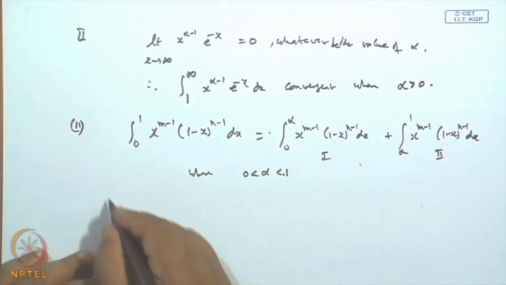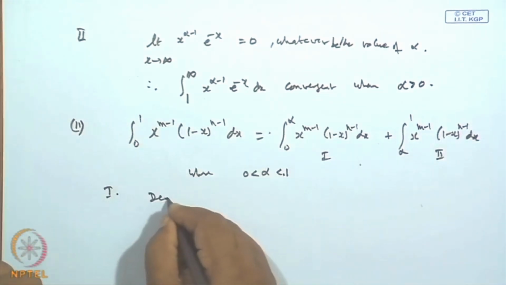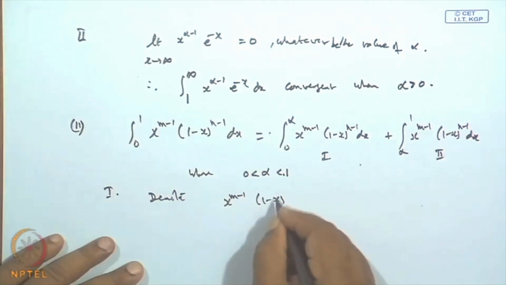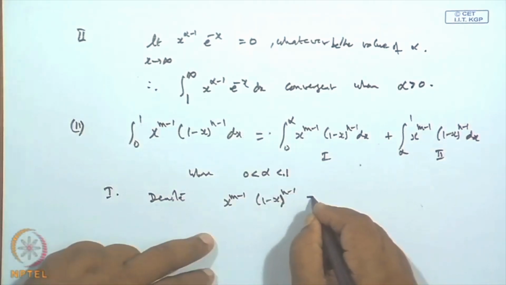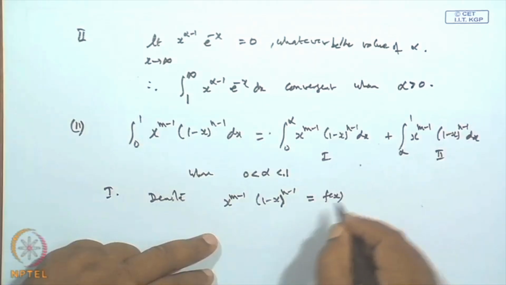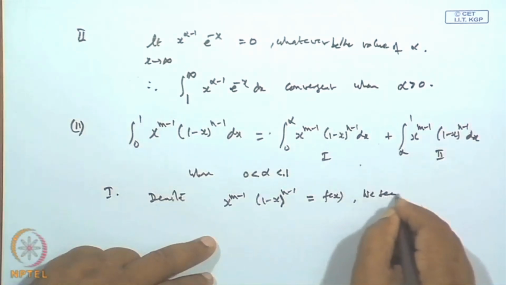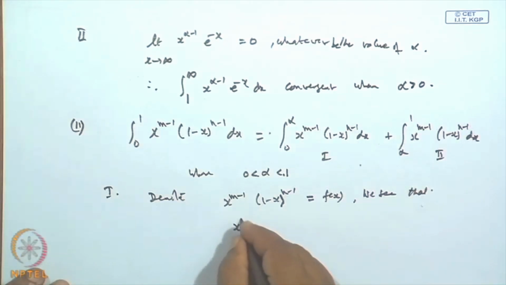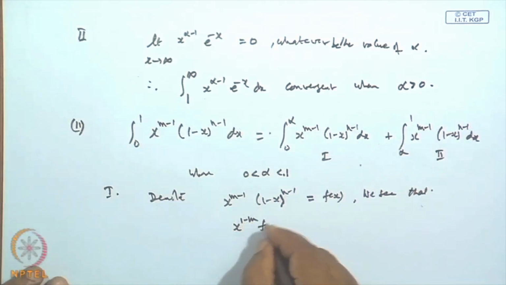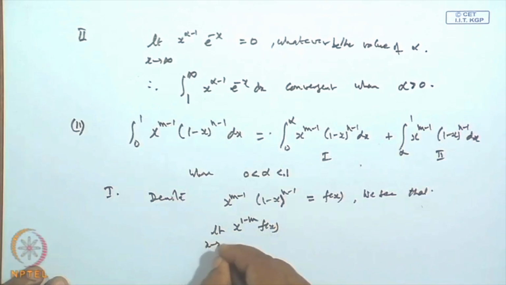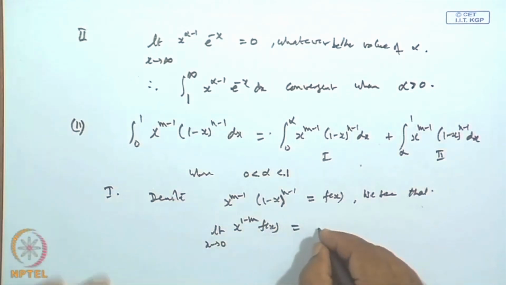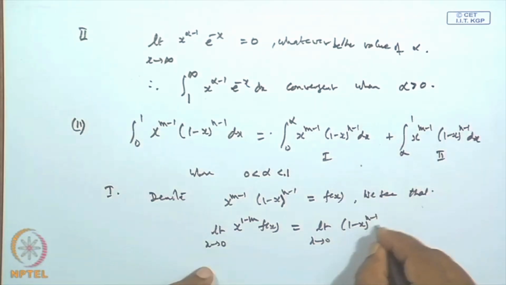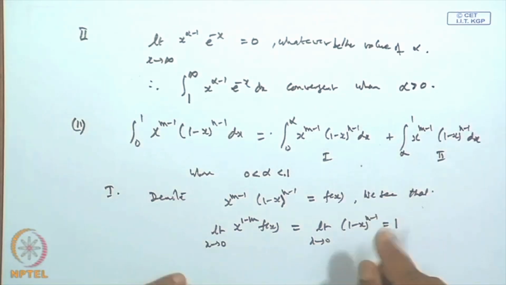Denote x to the power m minus 1 times (1 minus x) to the power n minus 1 as f(x). The limit of x to the power 1 minus m times f(x) as x tends to 0 is the same as the limit as x tends to 0 of (1 minus x) to the power n minus 1, which comes out to be 1. It means it is finite.